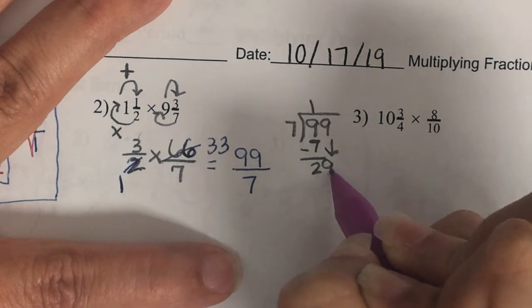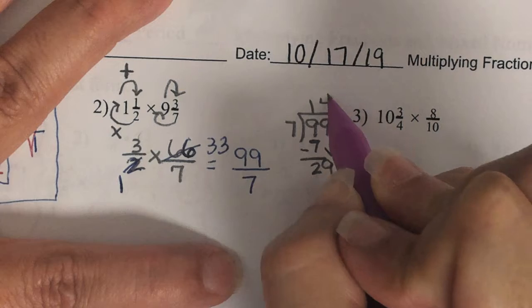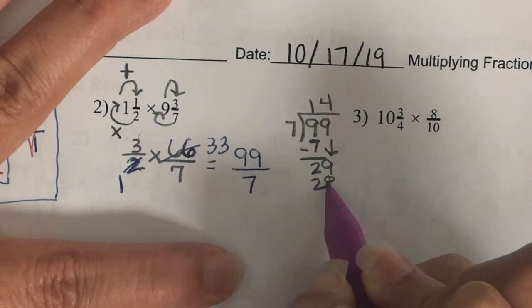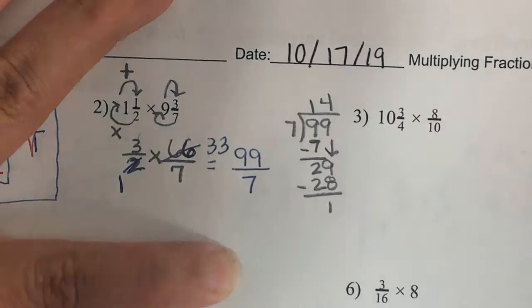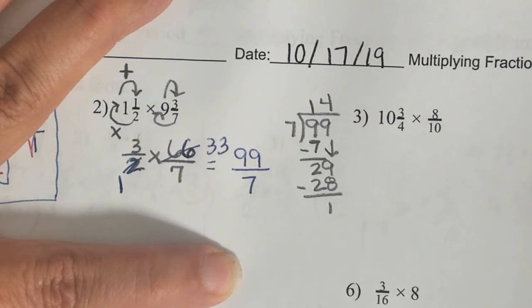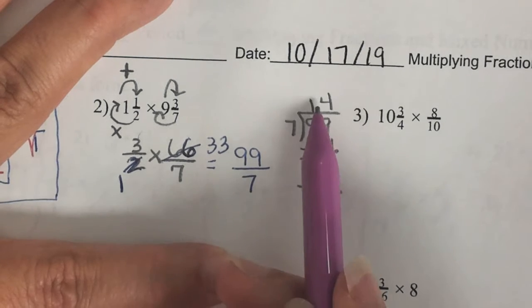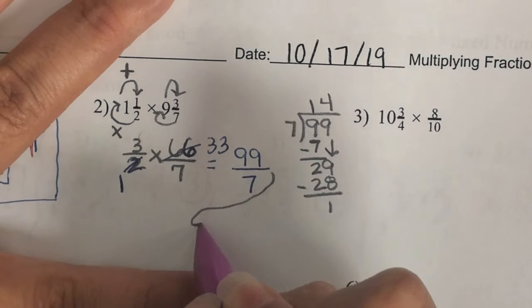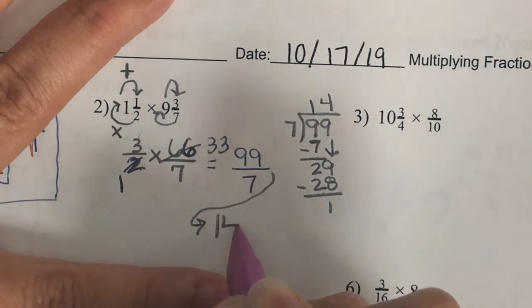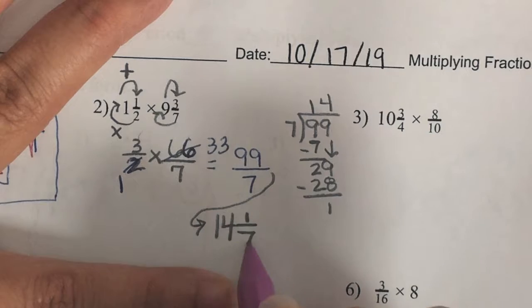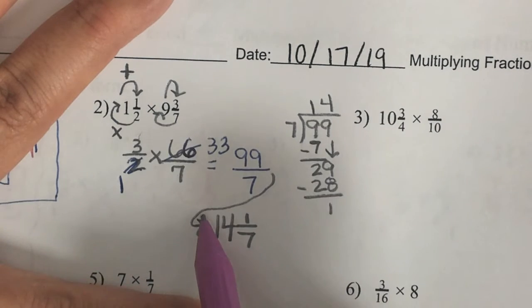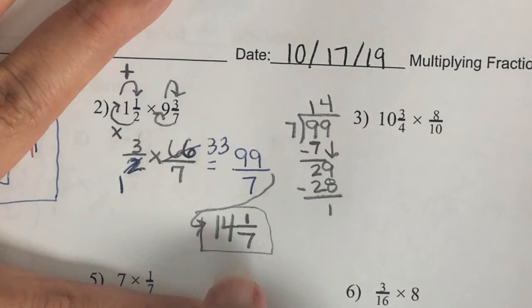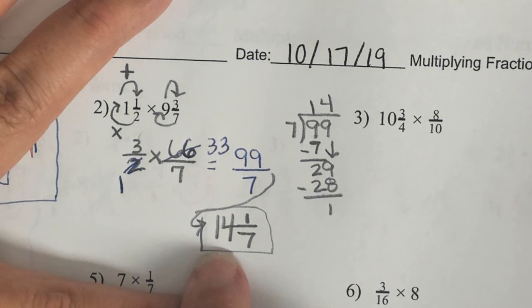Bring down the 9. 7 times 4. Well, no, because this is going to be a double-digit number up here. So it's going to be 14 and 1 7. Because it's not a 0 through 12s table. It's a bigger number.